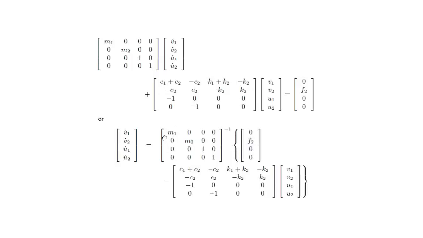And so if I do that, I end up with the equation now recognizable as in the standard form, because now I've got on the left-hand side the first time derivative of the state vector, and the order is just swapped around because this inverse matrix pre-multiplying the negative of this coefficient matrix is actually my A matrix.